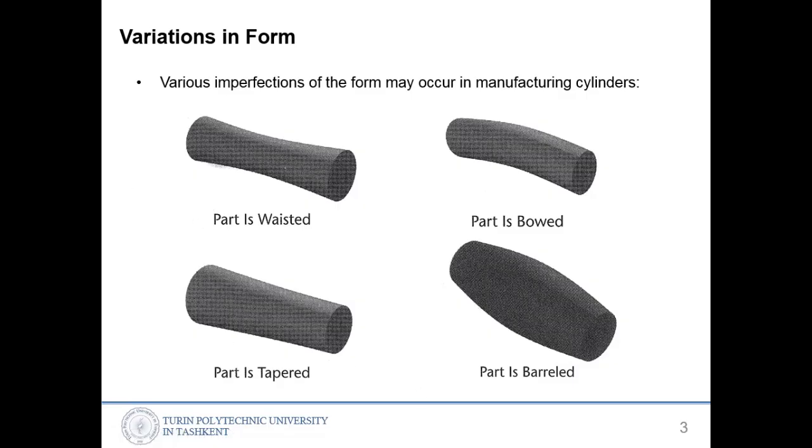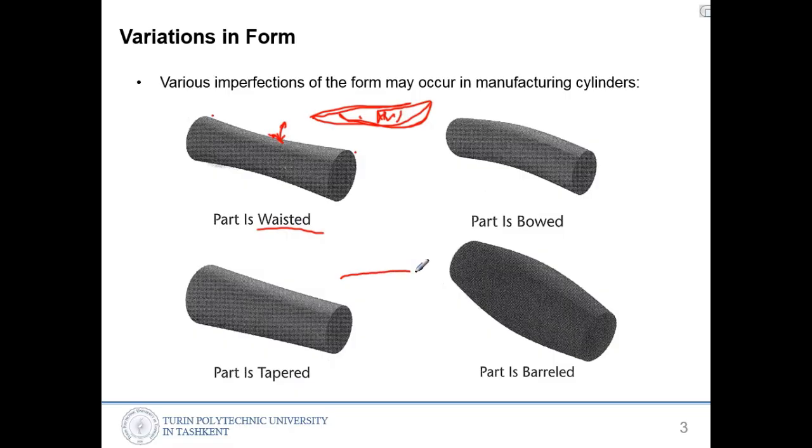A part is waisted if you cut more in the middle than at the two ends, because it is rotating when you are cutting. It should be straight like this, but you are wasting material like this, so this area is wasted. And this one is tapered.